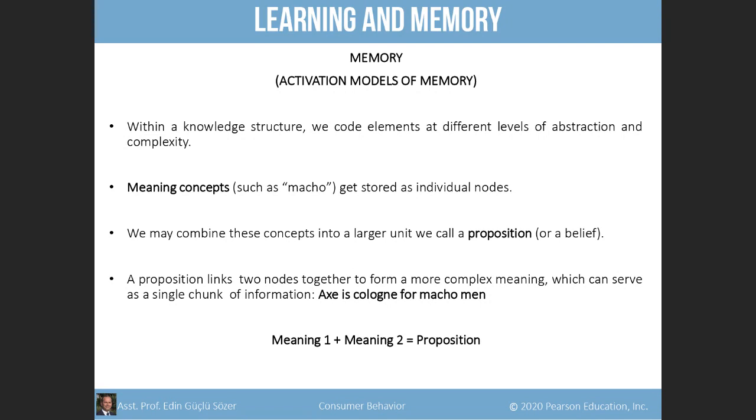However, when we go into the details, when we try to give a message to the customer, we can combine several nodes together to give a message and to create a schema. I will talk about what a schema is now, but before that, I will give you an example.